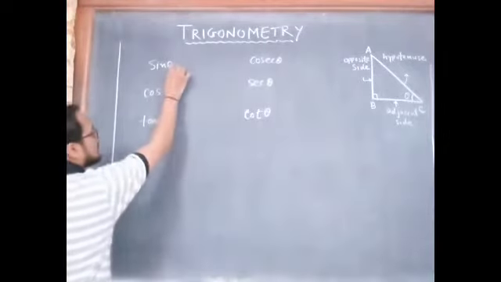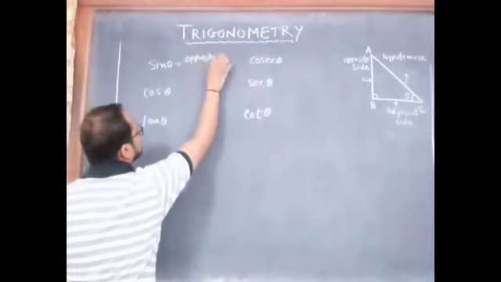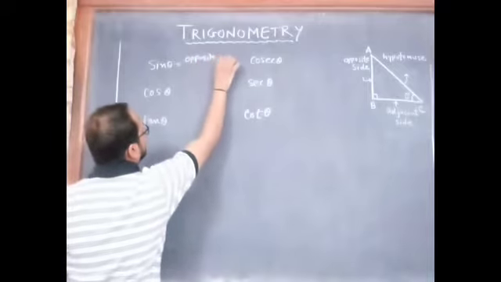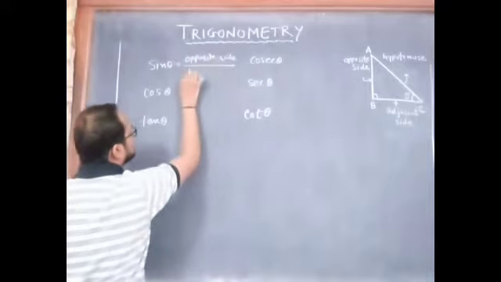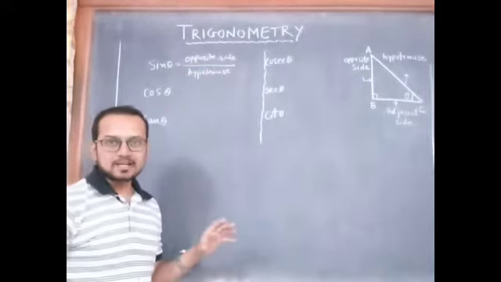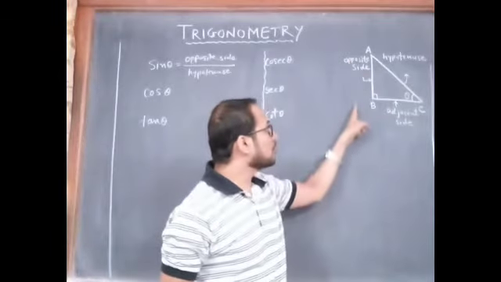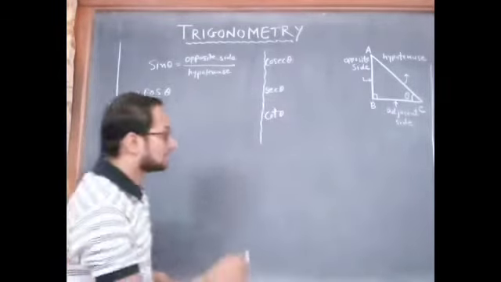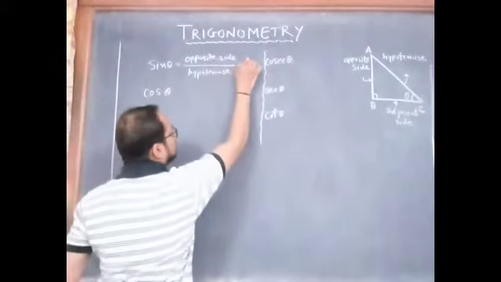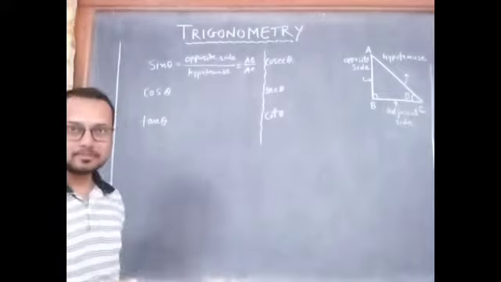We get sin theta equal to opposite side to hypotenuse. So sin theta being the ratio of opposite to hypotenuse, here it will be the ratio of AB to AC. So we can write sin theta equal to AB upon AC. That is the ratio of opposite to hypotenuse.